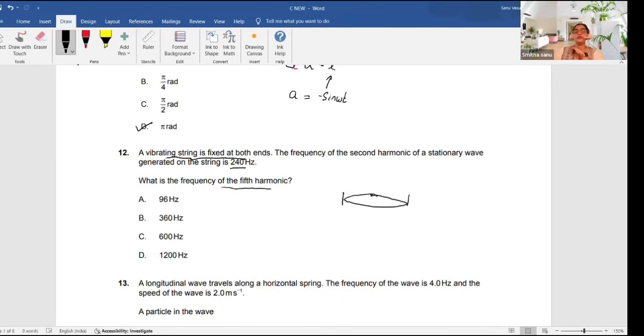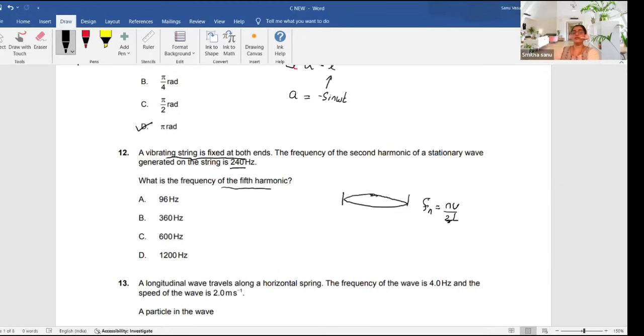So the basic frequency equation is Fn, where n is an integer, is equal to n times v over 2L. This is kind of the master formula where you can see n is an integer. Based on the frequency, we can put the value of n.